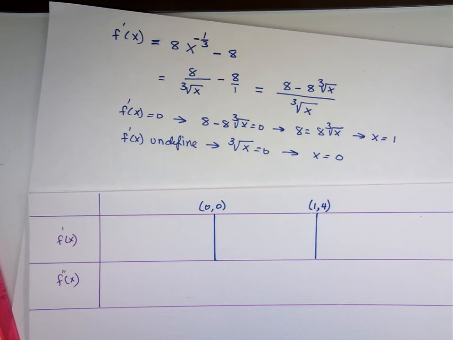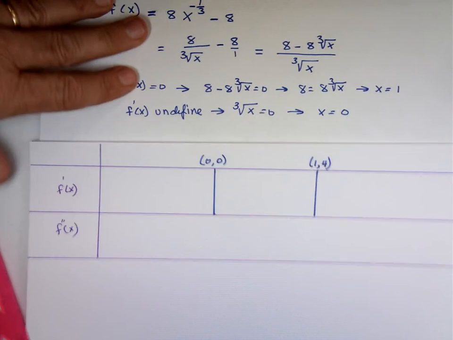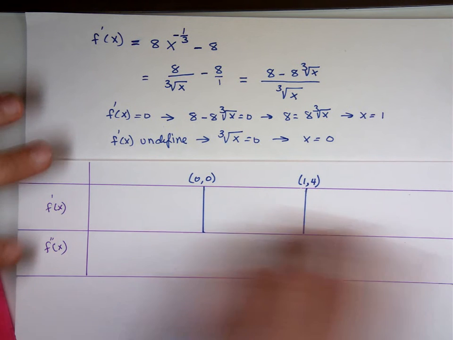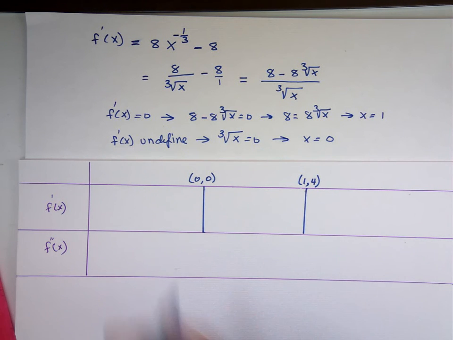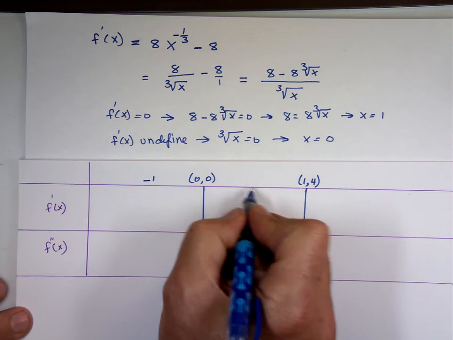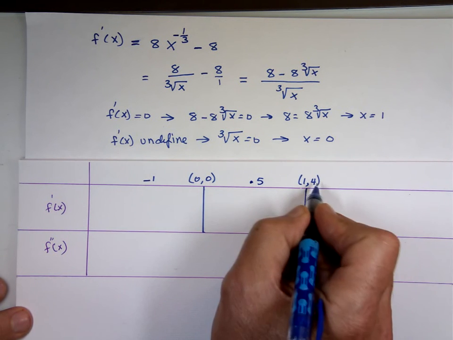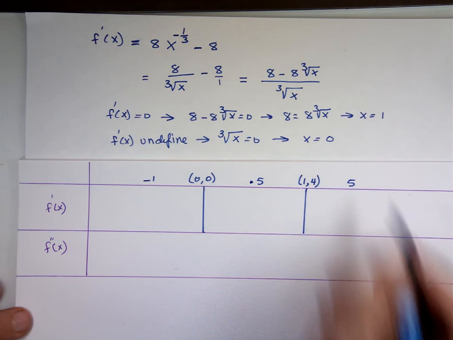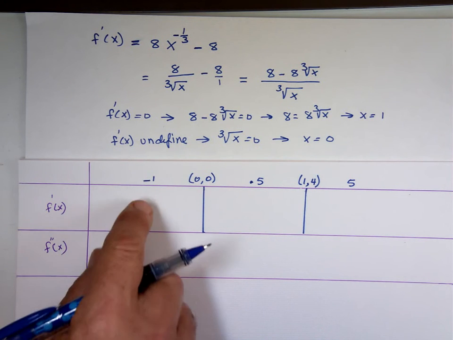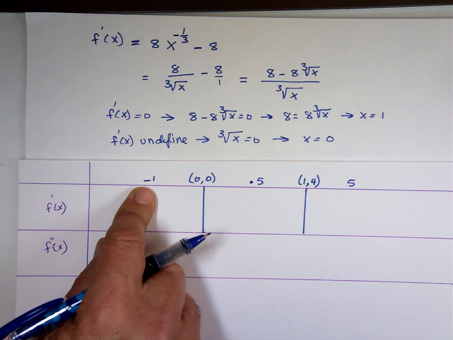Notice I put that sheet away. I don't need it now. All this stuff is going to be right here. Take a test point less than 0, negative 1. Between 0 and 1, 0.5. More than 1, 5. When x is negative 1, what is the cube root of minus 1?